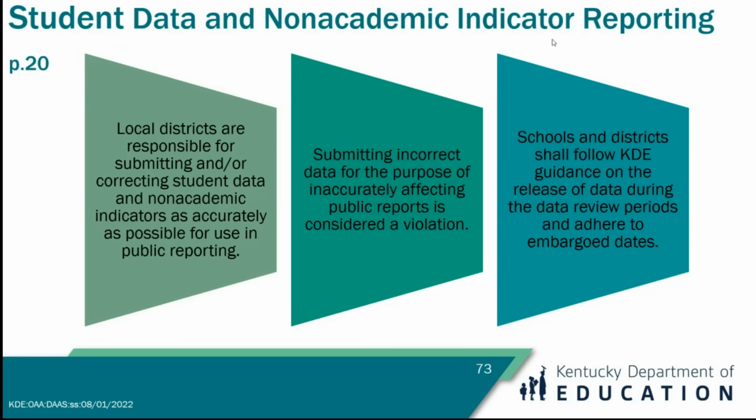Non-academic data, such as graduation codes, are entered into Infinite Campus and are retrieved from there for inclusion in public reporting for assessment and accountability. Infinite Campus is considered the authority source for this data.